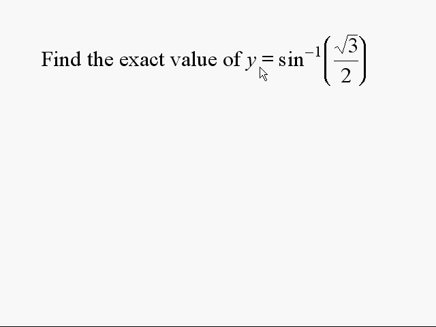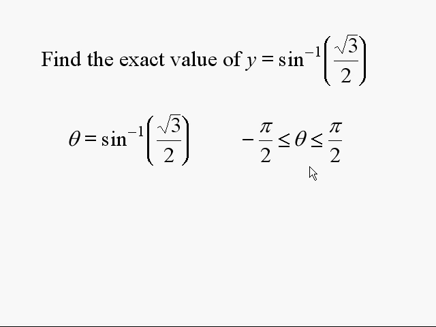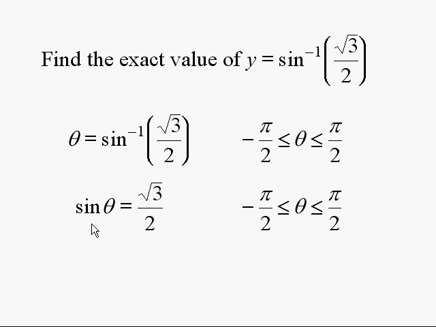That means y is the angle whose sine is √3 over 2. So sine of the angle is √3 over 2 with the restricted domain. Well, sine is positive in quadrant 1, and for the negative values it would be quadrant 4. But in quadrant 1, that would be where we'd look for a value.